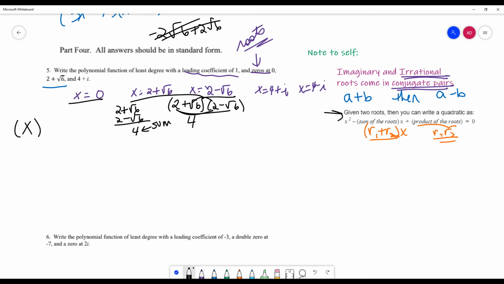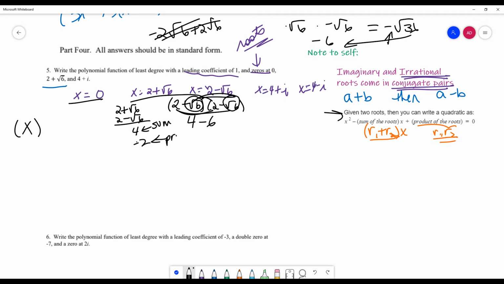So they actually cancel. And then when I do the outsides, radical 6 times negative radical 6, well, that's negative 6, because that's the negative square root of 36. That's not an i because the negative is on the outside. So the product ends up being 4 minus 6, so the product is negative 2.